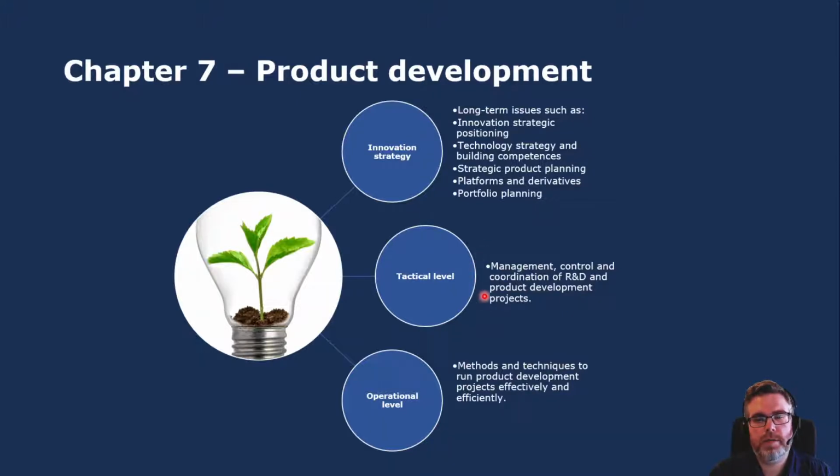At the tactical level, the company deals with management, control, and coordination of research and development, as well as product development projects. And at the operational level, this chapter will introduce some methods and techniques to run product development projects more effectively and efficiently.